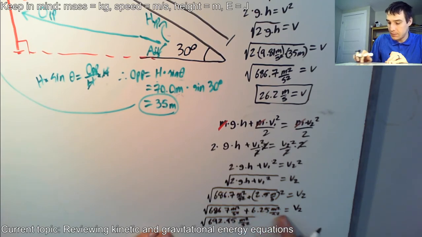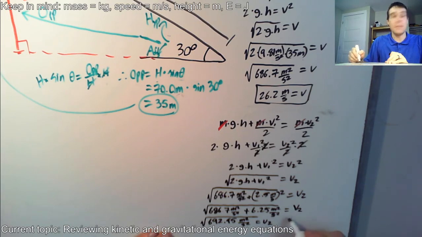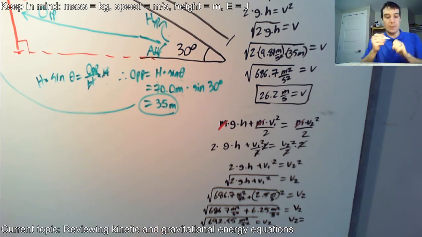I just do that in my head. We're just adding those two together equals v2, and then the actual square root. We're going to take the square root of that number, and v2 is equal to, let's actually do a square root.